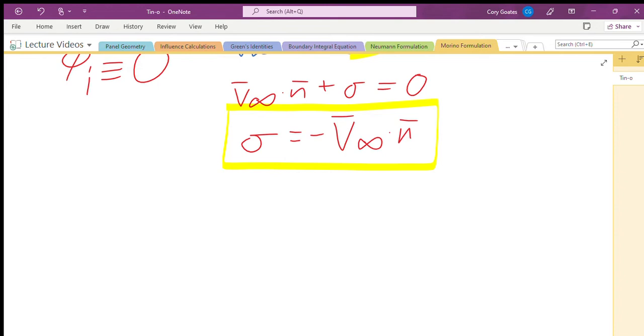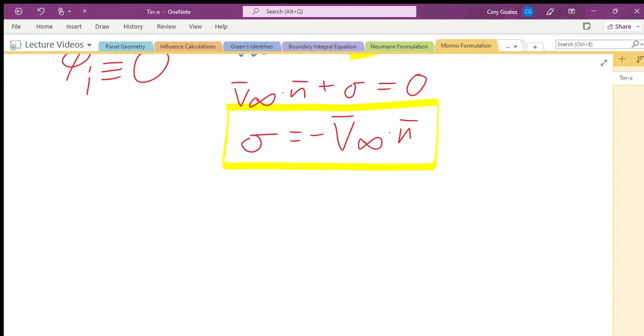We know sigma explicitly only as a function of geometry and free stream. And we know this independent of all other sigmas. If I want to calculate the sigma on panel I, then that is totally independent of the sigma on panel J. You know, this is an order n operation. We can loop through each panel and we can figure out what sigma is for each panel. And we do just that.